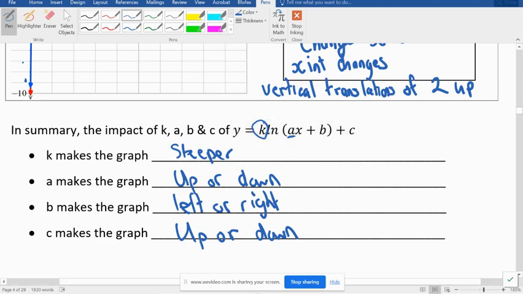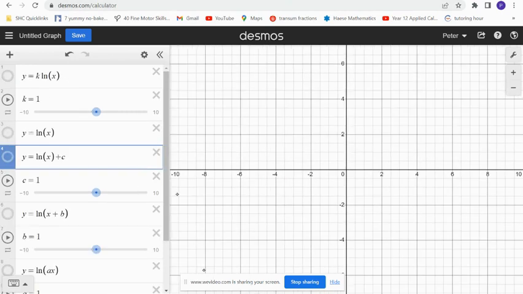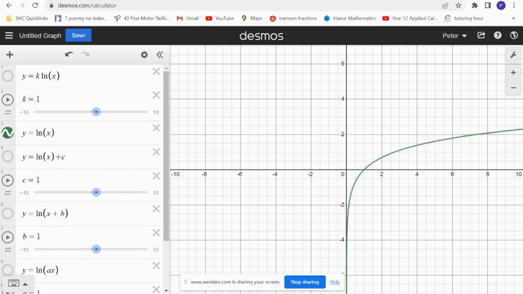We didn't really even mention k. Maybe I'll go to a graph for you right now. Here's y equals ln x. There we go, here's the graph of y equals ln x. If I graph another graph next to it, which is k ln x, there it is.